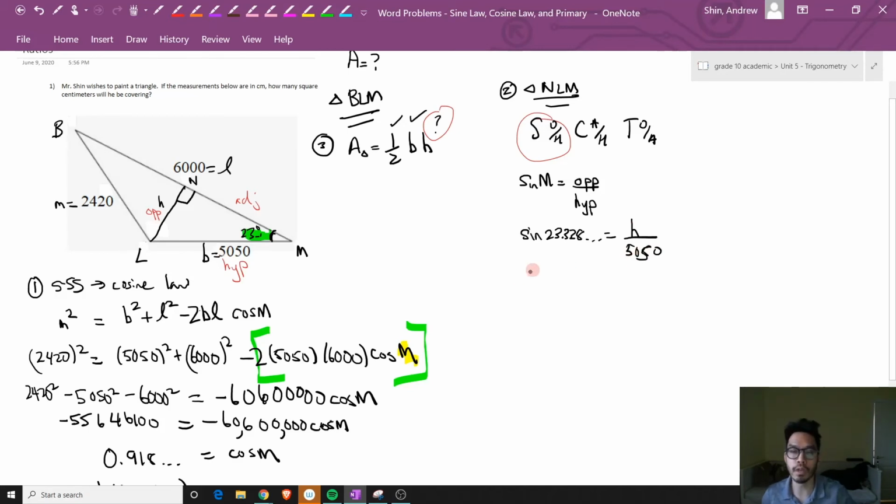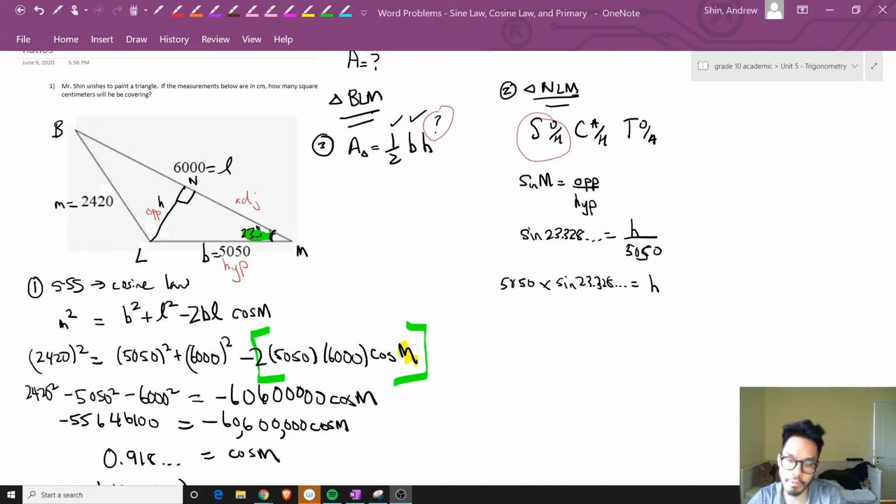And to solve for h, we're going to multiply both sides by 5050. So multiply 5050 times sine of 23.328, and that's going to be 1999.776... equals h.